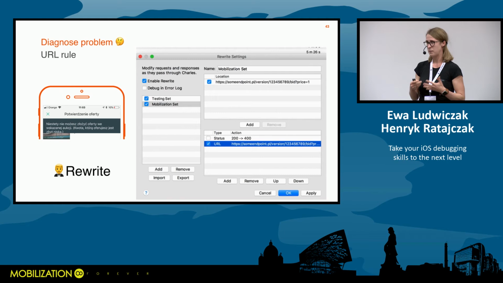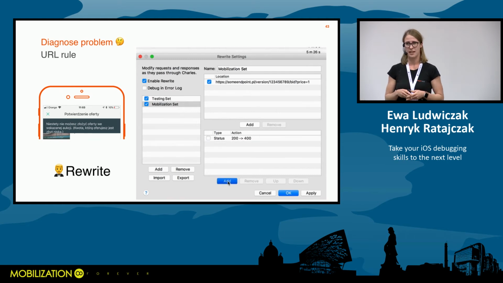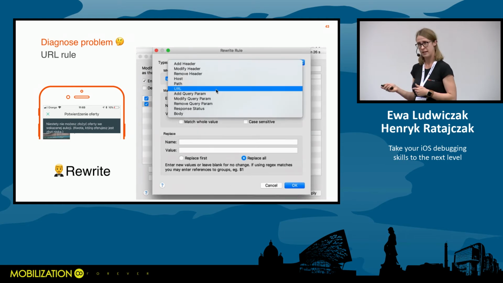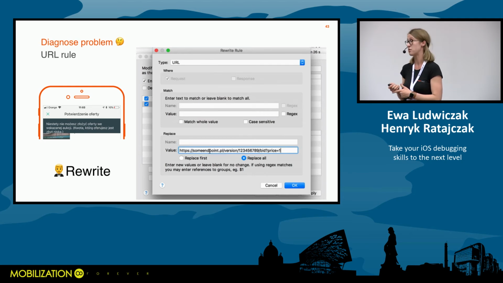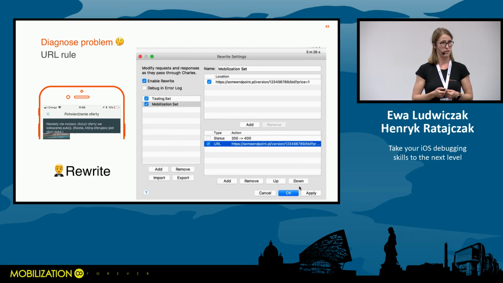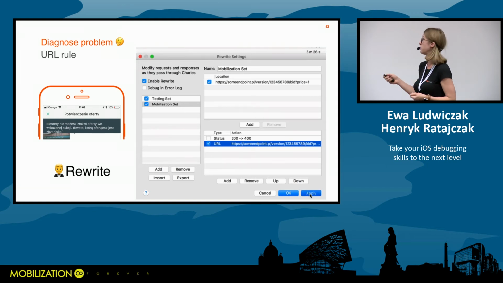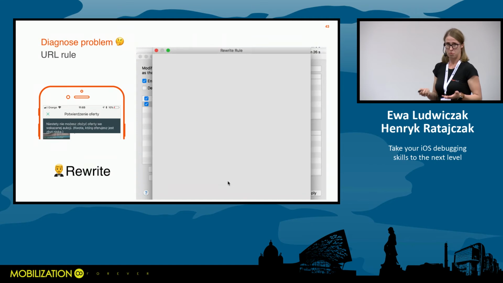So right now I'm expecting that the request sent by the application will be replaced by the request that I'm specifying here in the Rewrite tool. I'm also expecting the server to return an error for me, and I will be able to reproduce this situation. So this is the first rule I can use.